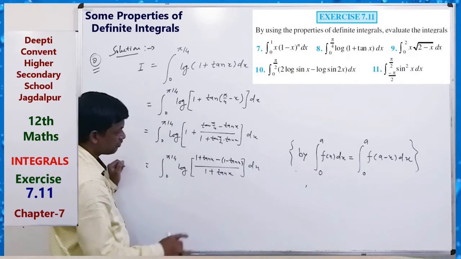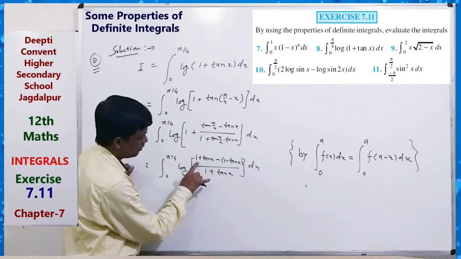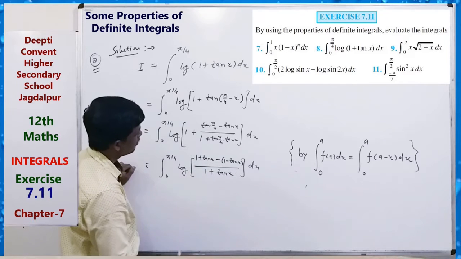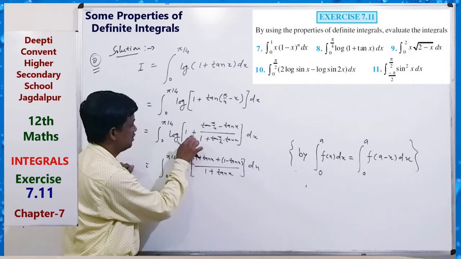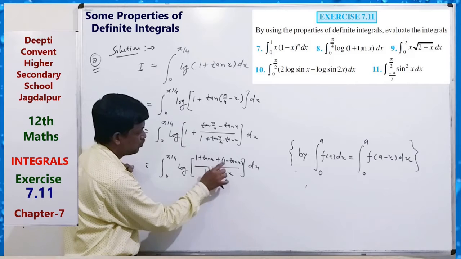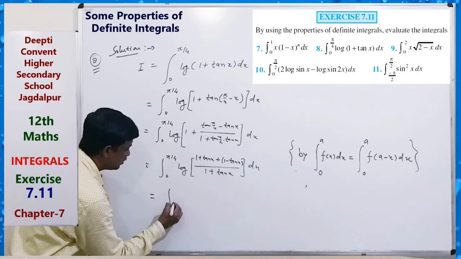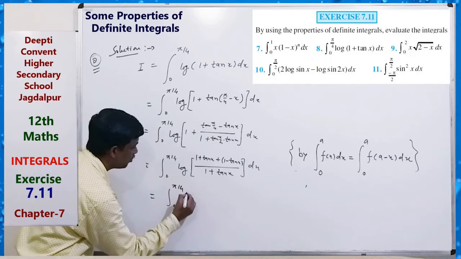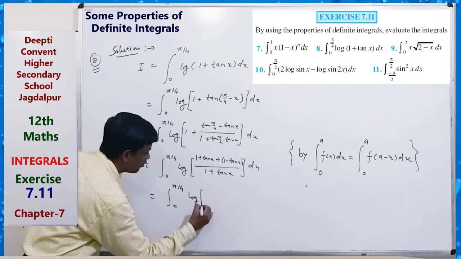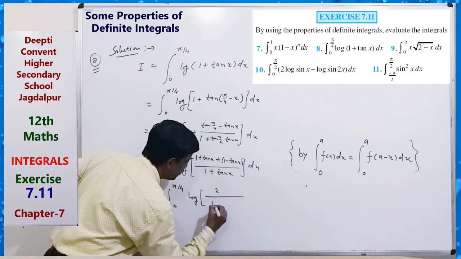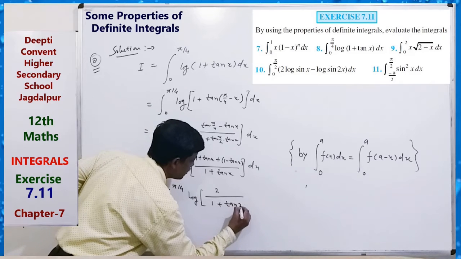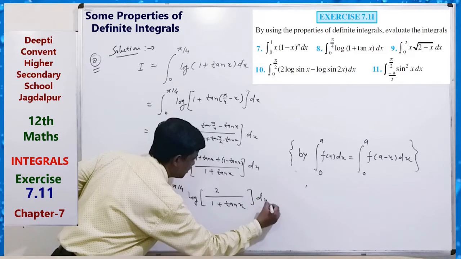Now here the plus sign is there, so 1 and 1 make 2, and tan x, tan x cancel. So we get the integral from 0 to pi by 4 of log of 2 upon (1 plus tan x) dx.